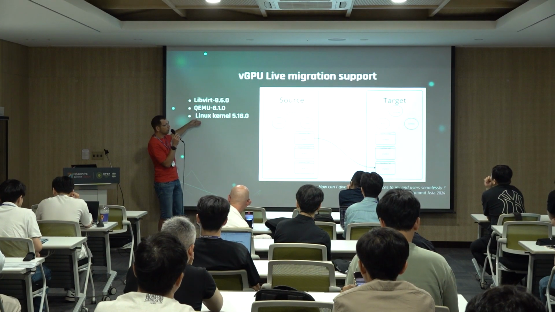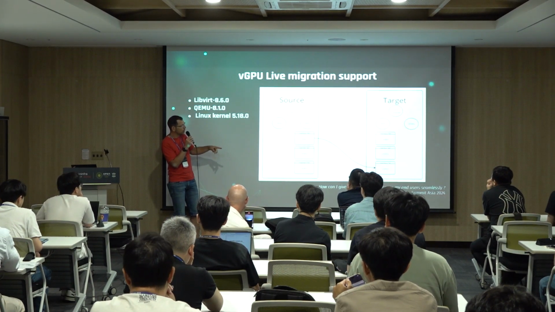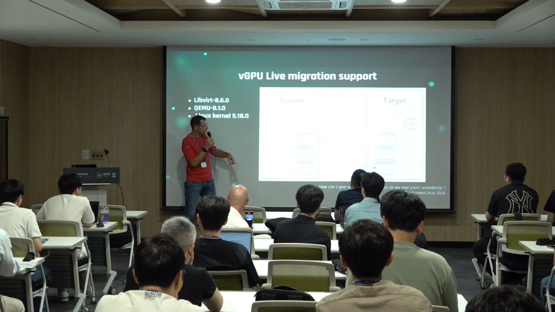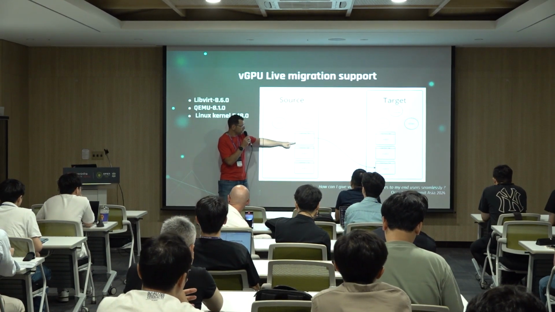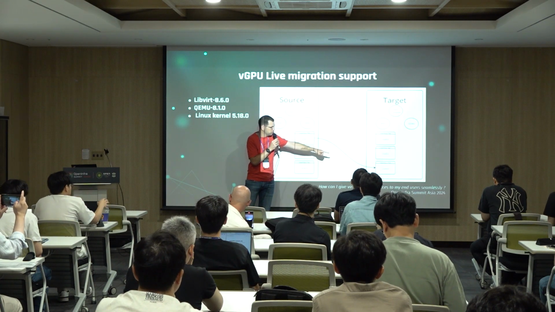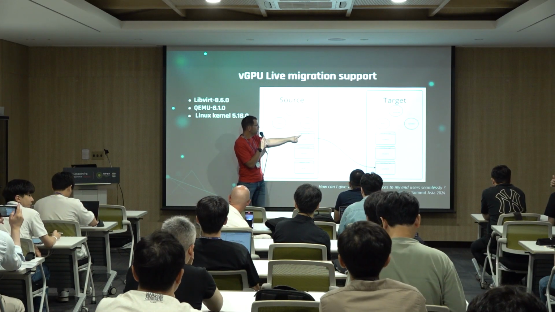If you have all of them, then basically libvirt will be able to live migrate your instance using a specific virtual GPU from the source with another virtual GPU from the target if they share the same NVIDIA type.